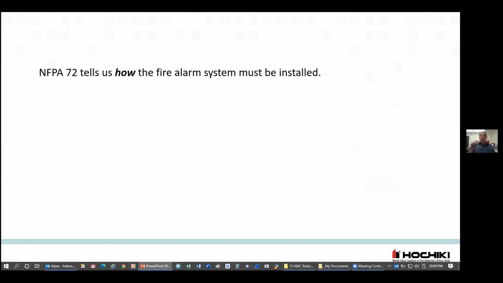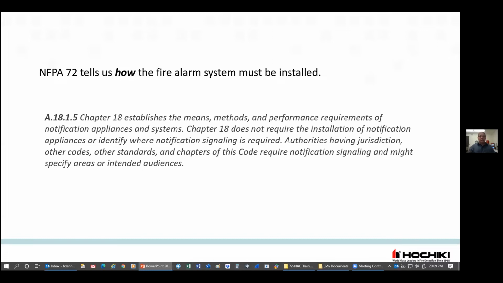Once we know whether a fire alarm system needs to be provided or not, now NFPA 72 will tell us how this system must be installed and how it must perform. For example, here, this is taken from Annex A in NFPA 72. And by the way, I should mention that all of the quotes that we'll see today are taken from the 2019 edition of NFPA 72.